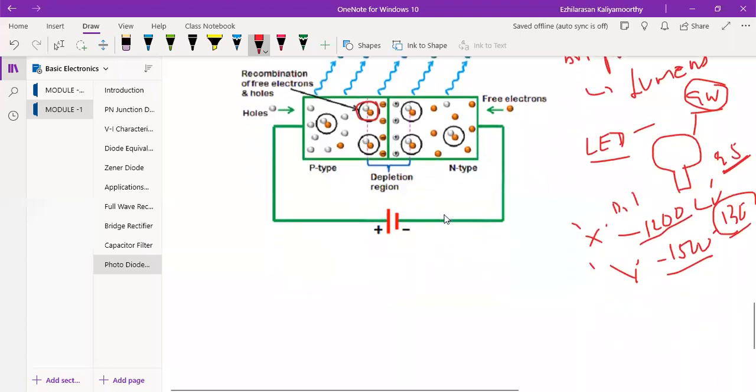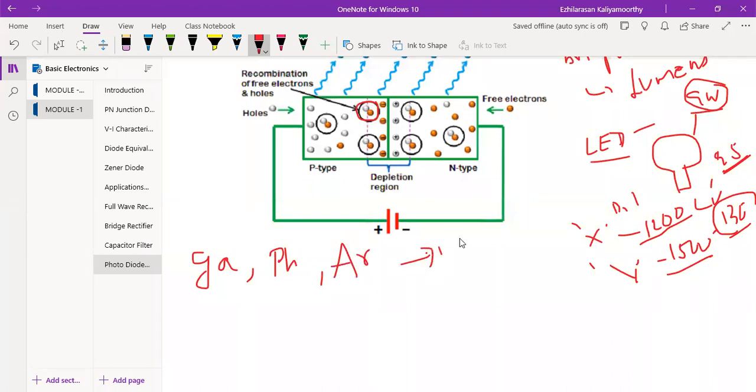The construction of LEDs is similar to a normal PN junction diode, except that gallium, phosphorus, and arsenic materials are used for LED instead of silicon or germanium.